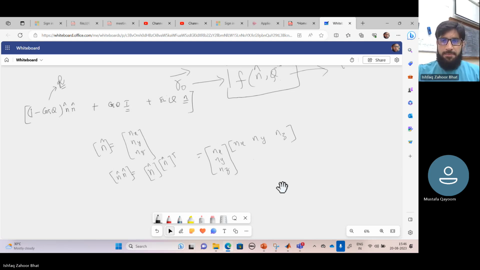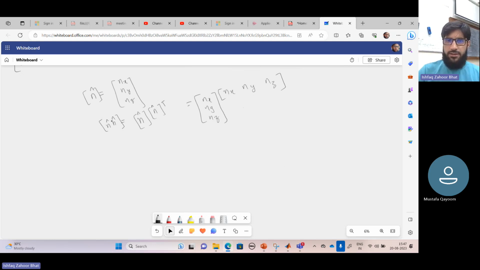This times this will be nx square. This times this will be nx ny. This times this will be nx nz. Similarly, this is nx ny, and so on. I will not write the whole thing because you can expand it in a similar fashion.